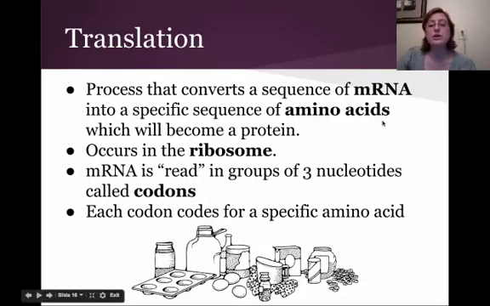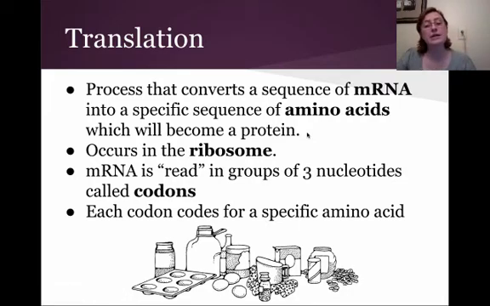So in translation, we're going to take the order of those mRNA nucleotides, and we're going to find out that they contain a secret code that determines the sequence of amino acids that we're going to use to build our protein. Again, this is happening in the ribosome. That's why way back when in chapter 3 we said that the ribosome is the site of protein synthesis.